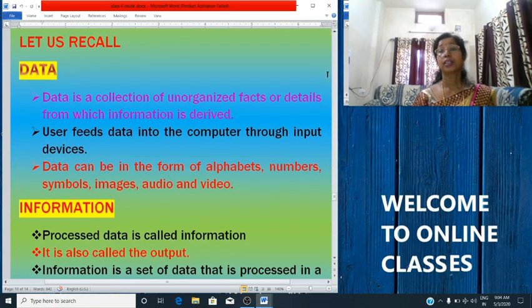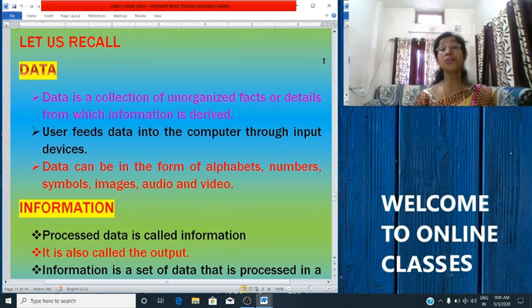Okay, now we will revise what we have studied today. So let's recall. First, we studied about data. What is data? Data is a collection of unorganized facts or details from which information is derived. The user feeds data into the computer through the input devices.